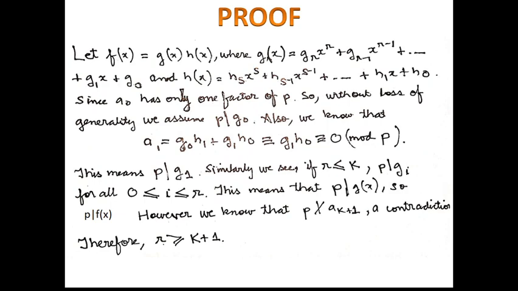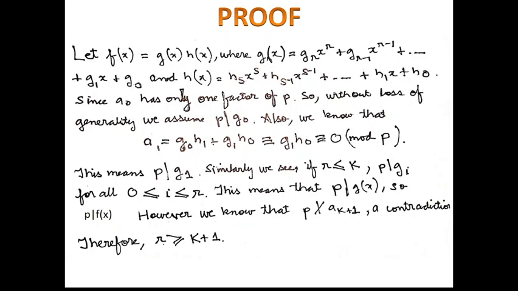Let us see the proof of the theorem. We let f(x) equal g(x) h(x), where g(x) is gr x^r + gr-1 x^(r-1) + ... + g1 x + g naught, and h(x) is hs x^s + hs-1 x^(s-1) + ... + h1 x + h naught.